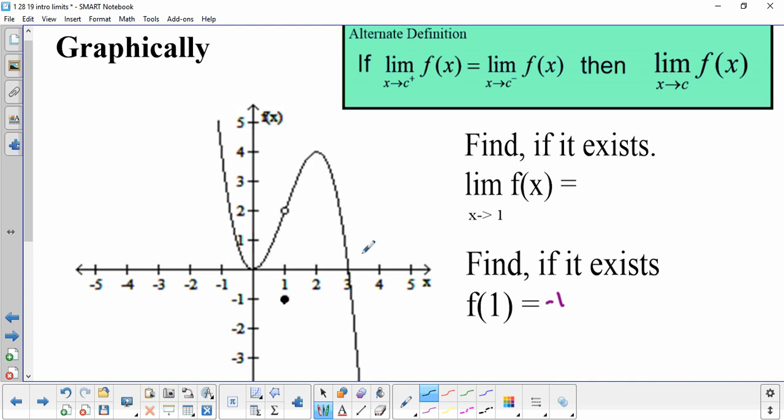As x approaches 1 from the right, it appears that the limit is going to 2.